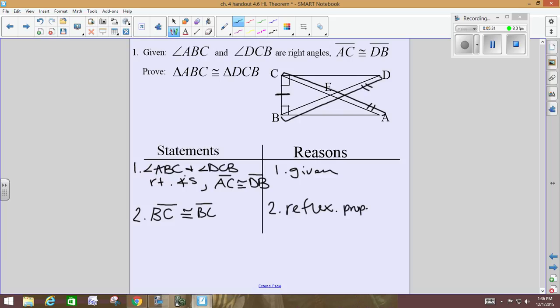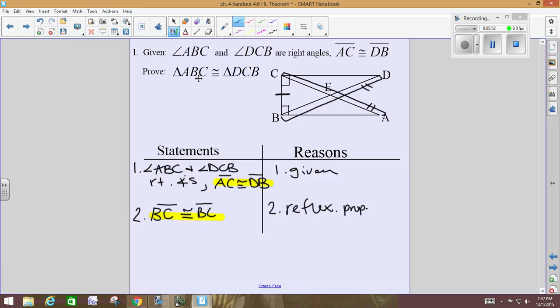Okay, so we need to meet 3 conditions. Here's the legs. Here's the hypotenuse. What's the third condition that we have to meet? Right angles? Right triangles. Good. I need to state that they're right triangles.